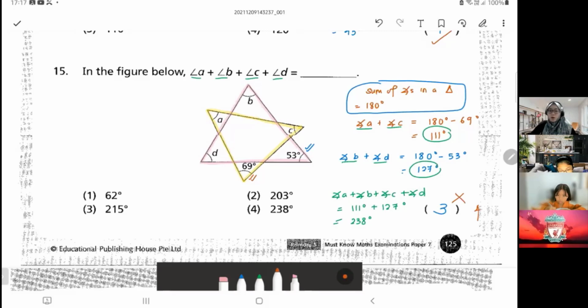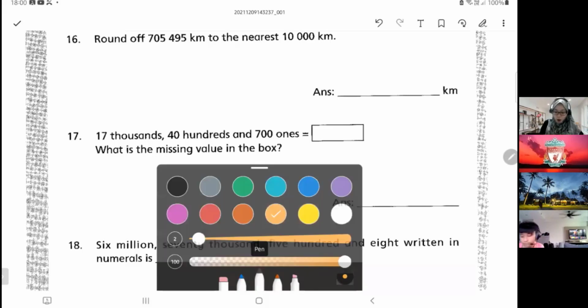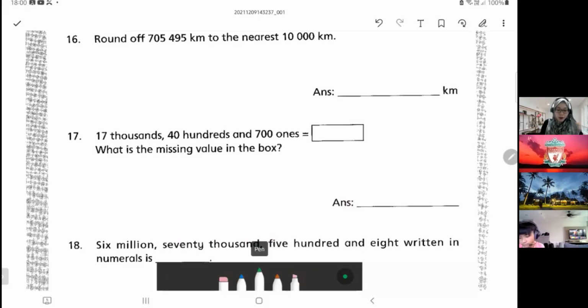Okay, so for those of you who, so the question number 16, they ask you to round off 705,495 kilometers to the nearest 10,000 kilometers. Okay, so if you want to do this kind of question and you do not know how to, you list down the number first. 705,495.